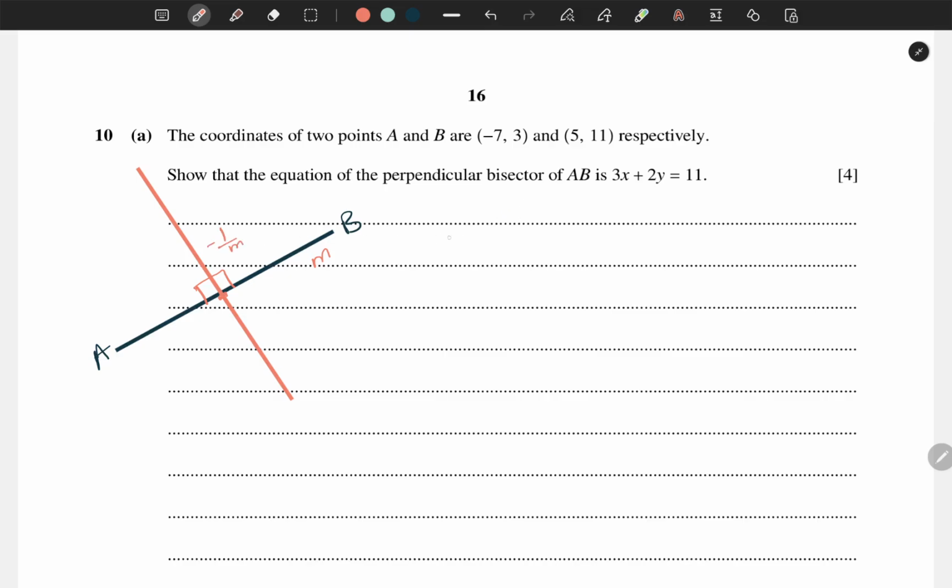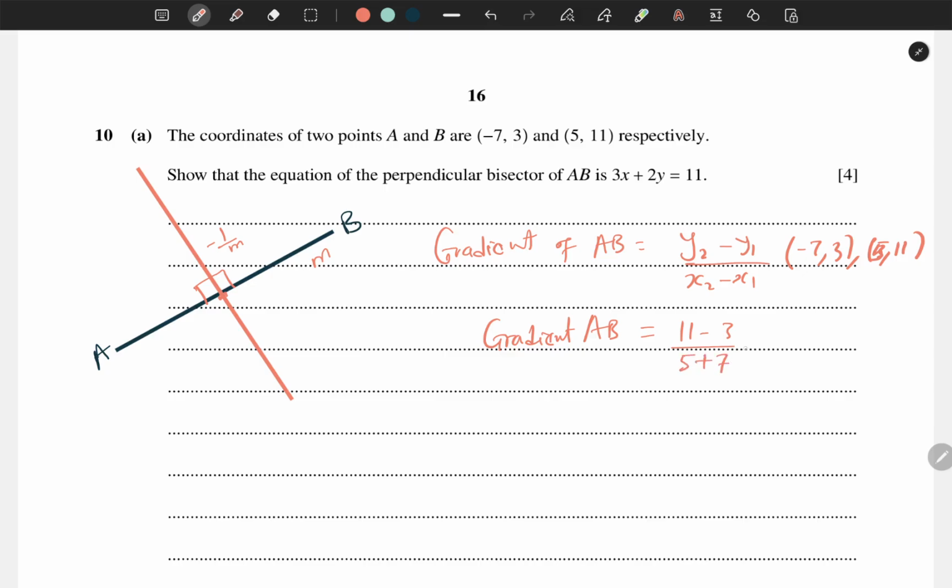Okay, for that reason, let's find the gradient of AB. The gradient of AB is going to be y2 minus y1 over x2 minus x1. And the 2 points we are considering here are (minus 7, 3) and (5, 11). So make the substitution there. The gradient of AB is 11 minus 3 over 5 plus 7.